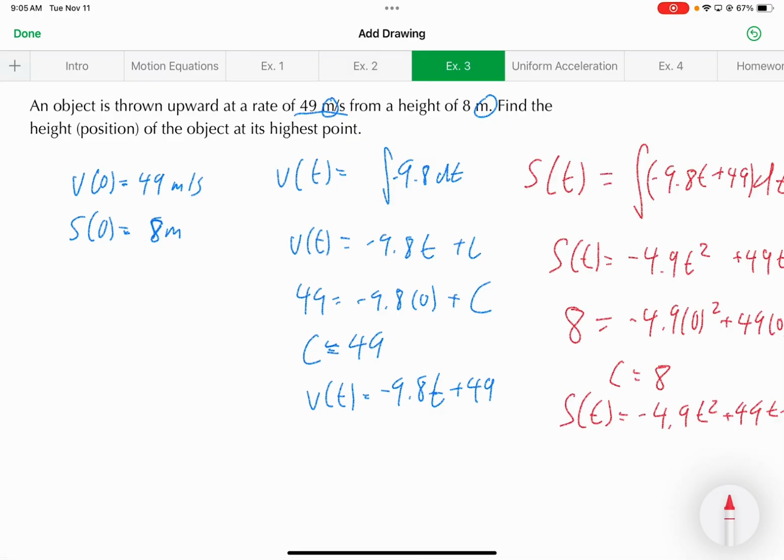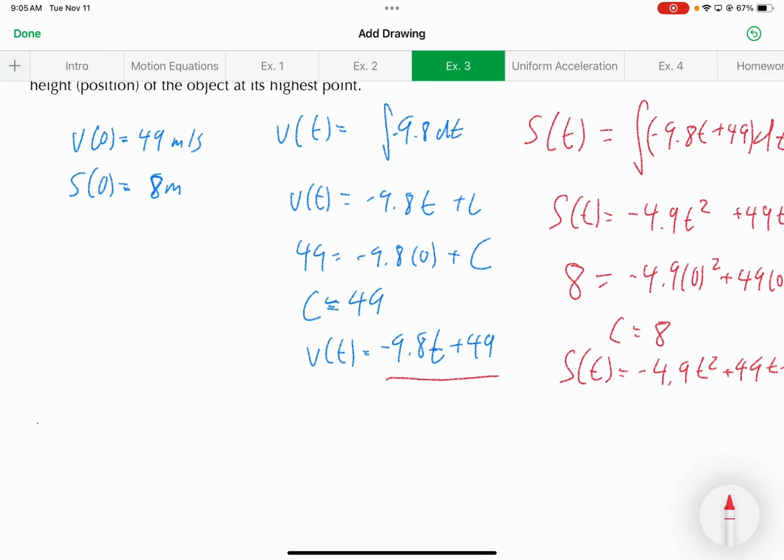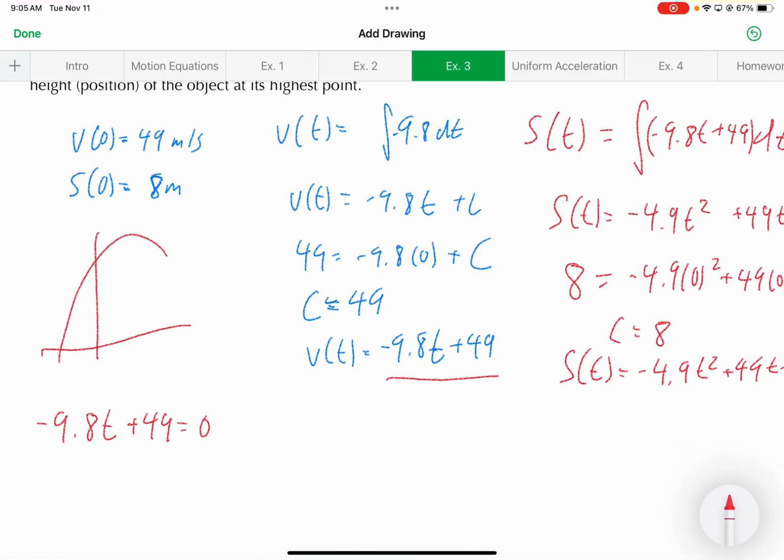Find the height at the highest point. So I would take the derivative of s of t, but I don't need to do that. That's already right there. So then I would set my velocity equal to 0. So negative 9.8t plus 49 equals 0. Why am I setting that equal to 0? Because the highest point happens when I have a horizontal tangent line, which is when my velocity is equal to 0.